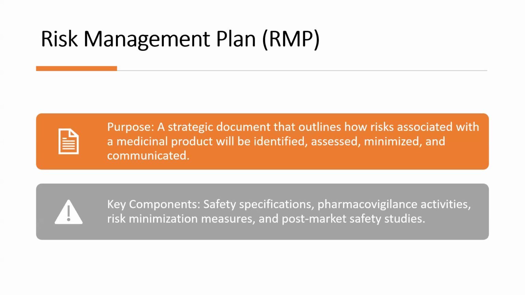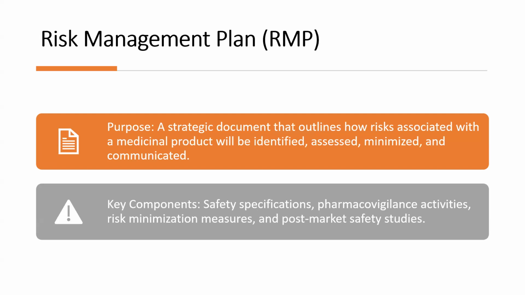If you want to join the RMP department, you should know what an RMP is, what a risk minimization plan is, what a risk mitigation plan is, what risks are associated in the PV industry, what kind of risk is associated with a drug, and how we can mitigate those risks. That kind of plan is called the RMP, the risk management plan, which gives you a brief assessment.